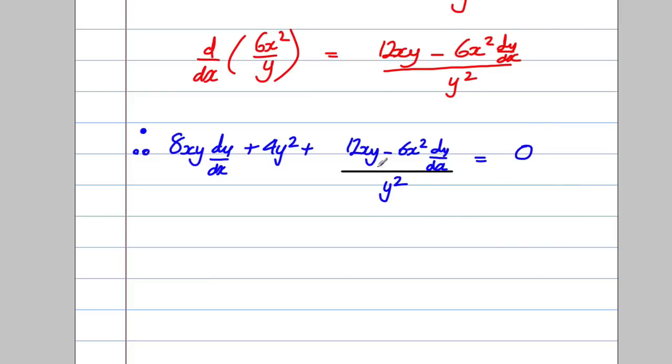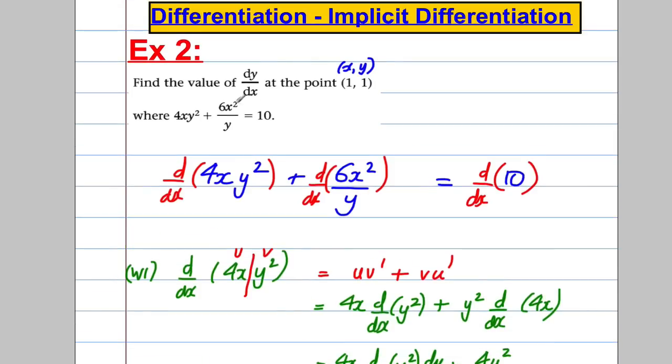Now, we could try and make dy by dx the subject, but what's the point? We're not asked to make dy by dx the subject, we're asked to find dy by dx when x is 1 and y is 1.